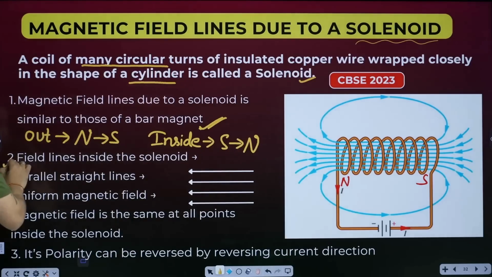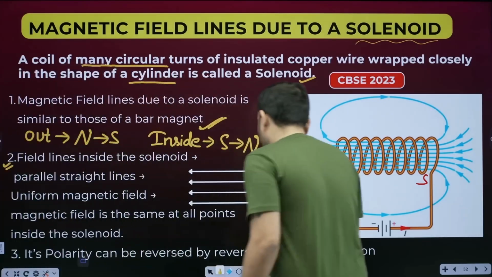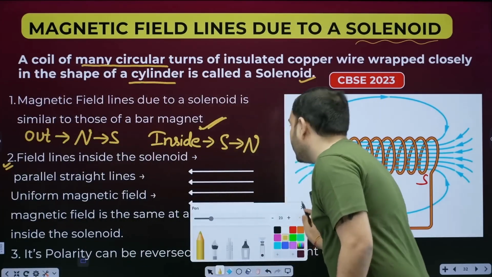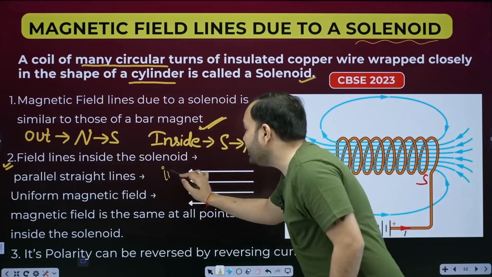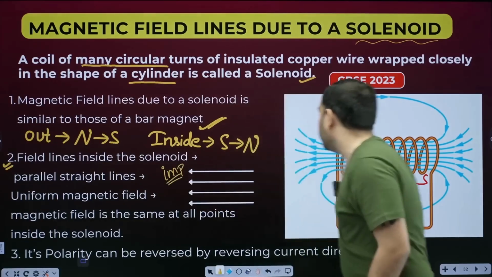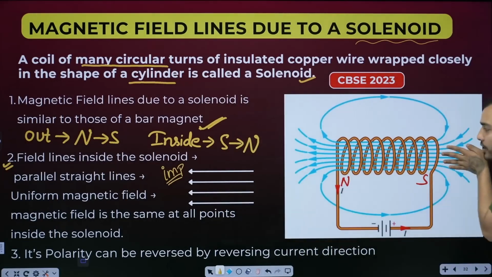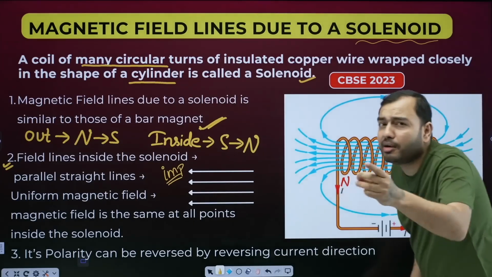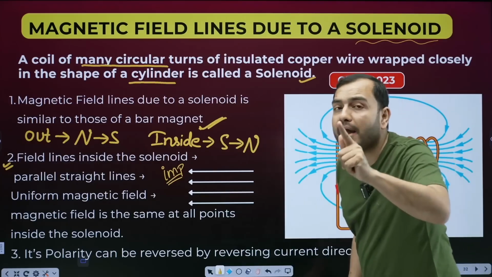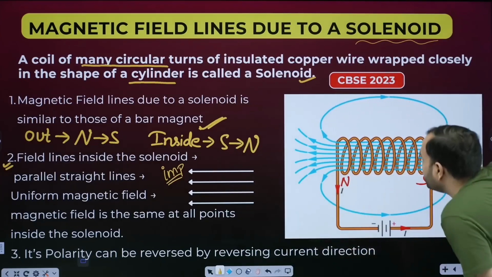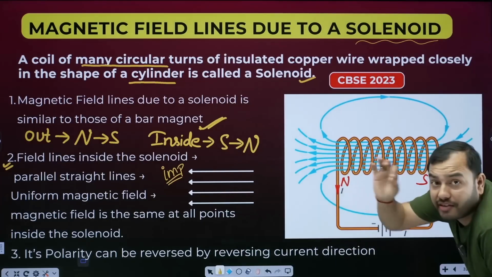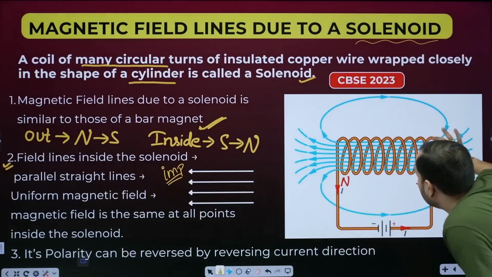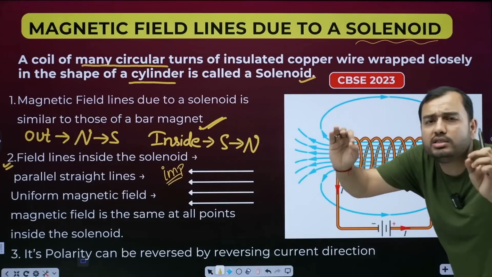One important point, very important point. The next one that has come is very important. Inside the solenoid, the magnetic field lines, look carefully, are these straight lines? Are these parallel lines? Does parallel lines mean uniform magnetic field? Inside the solenoid, the magnetic field is the same everywhere.